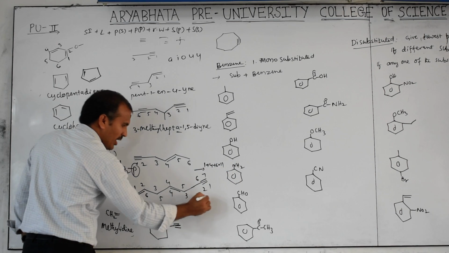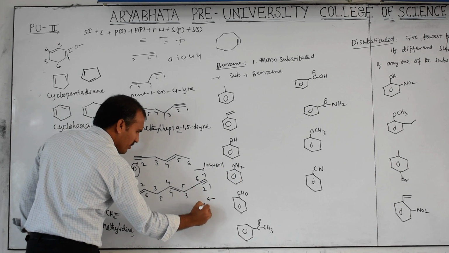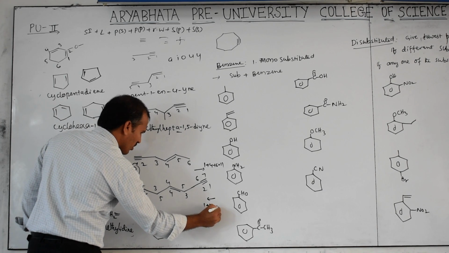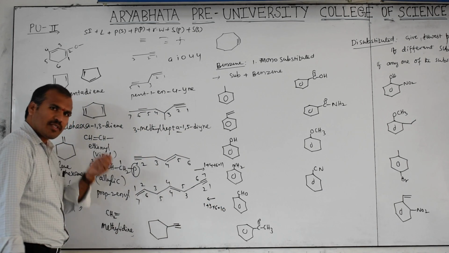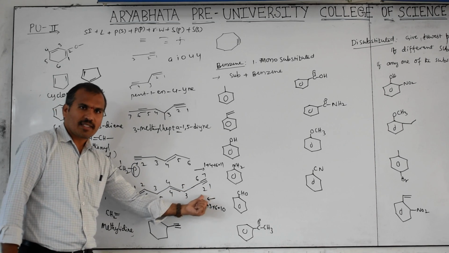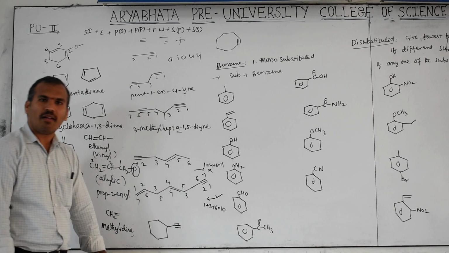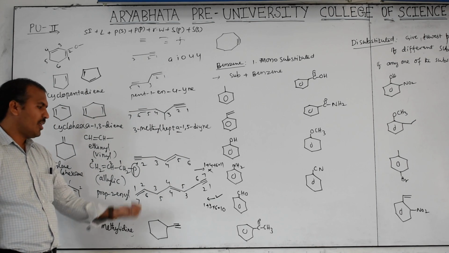In the other direction, 1, 3, 6, that is 10. Which is the lowest sum? This direction is the lowest sum. Then this numbering is correct and the other numbering is wrong. Got the point? Then you can name it now.